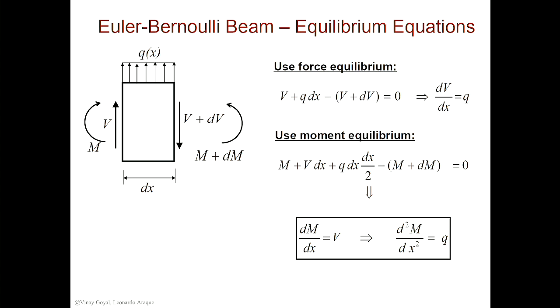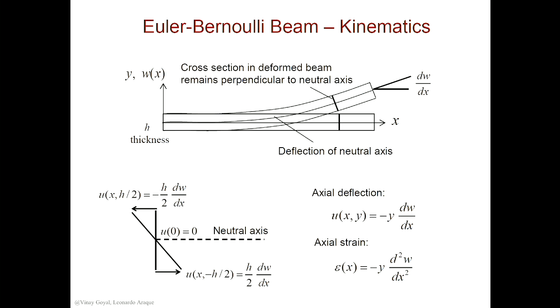We talked also that this cross-section remains normal to the neutral axis. That's a fundamental assumption. And what does that mean? If the cross-section remains perpendicular to neutral axis, what is really happening? What are the implications of that on the strains? If there's no change in angle, it means that the transverse shear is 0.